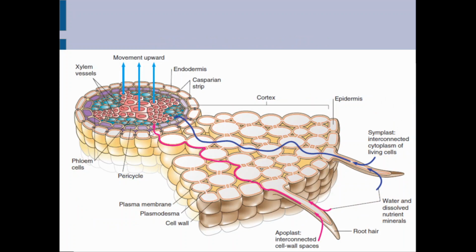So this is the epidermis, this is the parenchyma, and there are two ways to move through the parenchyma. The symplast is a connection between the cytoplasm of the parenchyma cells, and the apoplast is connected cell walls.